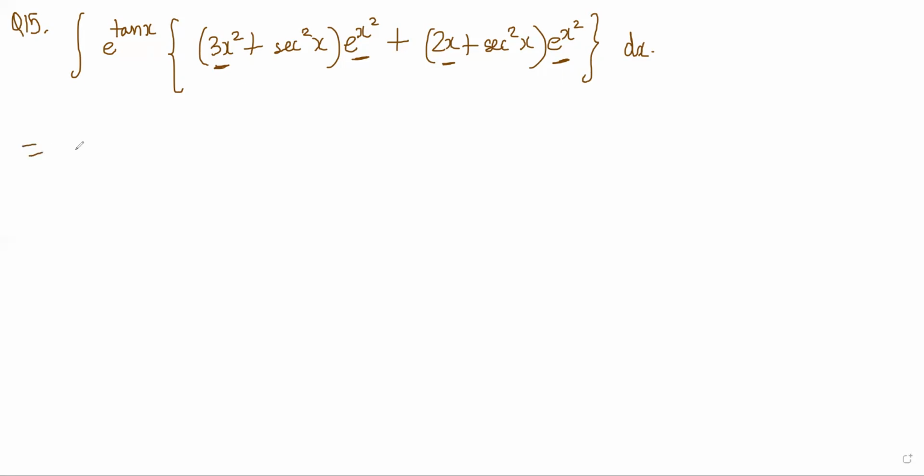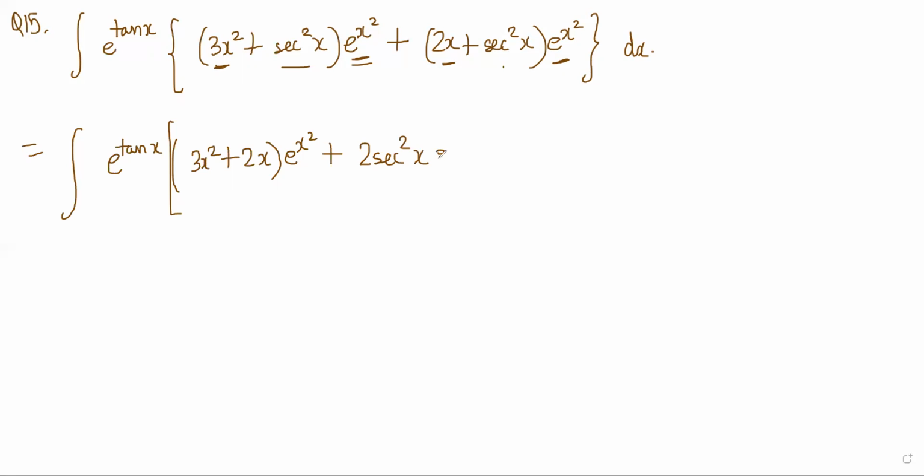So what we get is e^tan x, (3x^2 plus 2x) e^(x^2), plus sec^2 x e^(x^2) plus sec^2 x e^(x^2). So 2 sec^2 x e^(x^2), right? This is the integral right now, correct?